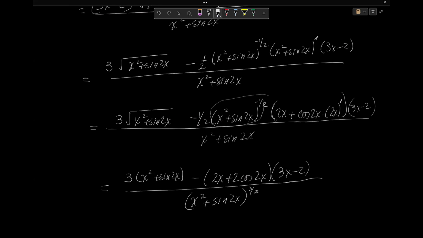And maybe factor a 2 out from here, just to be consistent, I guess. And there's the answer. You can try to simplify, but nothing will cancel out really. Maybe the x squared will combine. Here I have negative 6x squared. Here I have 3x squared. But beyond that, we cannot really simplify a whole lot.